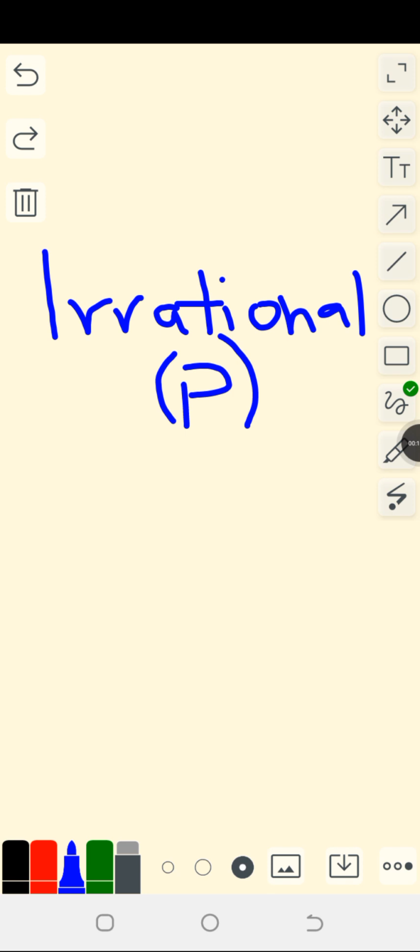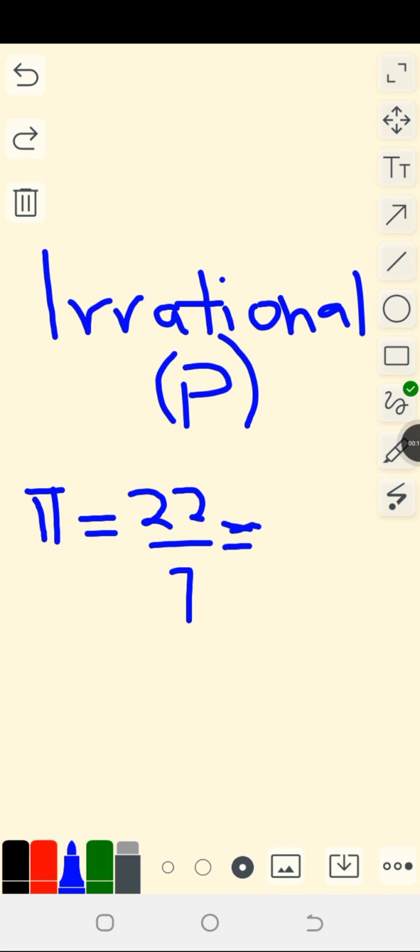For instance, the example I gave you earlier, pi as a constant, which is 22 over 7. If you want to convert this 22 over 7, which is an approximate expression given to that number, that number will have what we call a non-terminating number after the decimal point.